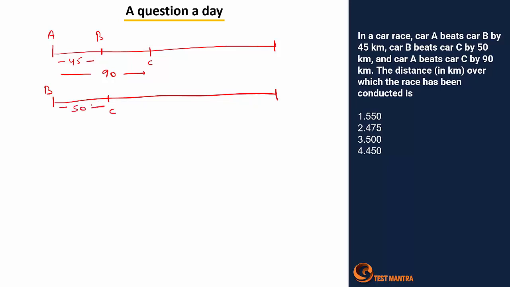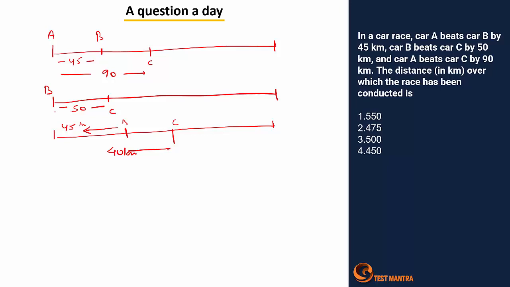So what does that represent? If we check this, when B will cover this 45 kilometers, at the same time C will be able to cover 40 kilometers, right?